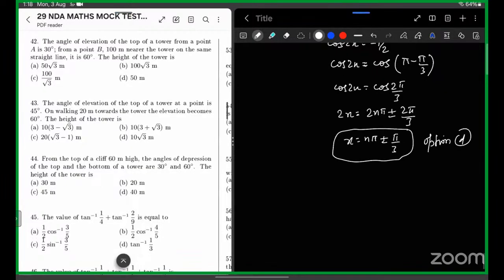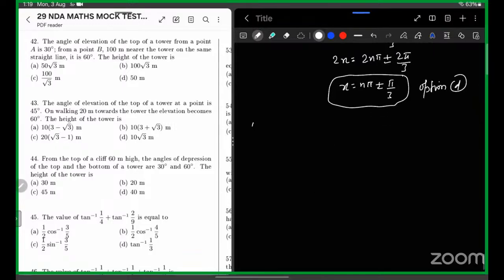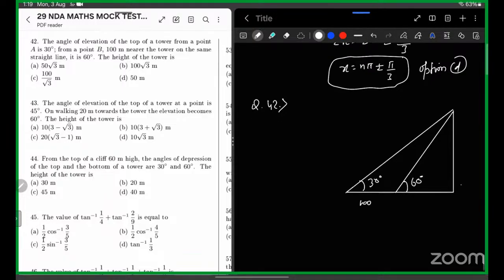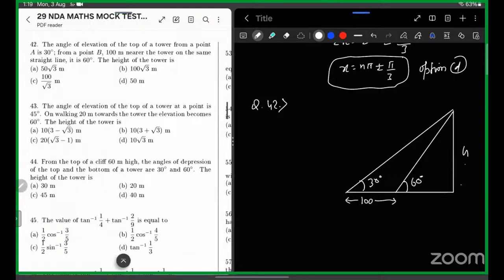Question number 42, what they are trying to say. Angle of elevation of the top of the tower is 30 degree from a point, and 60 degree from another point 100 meters closer. We need to find the height of the tower.